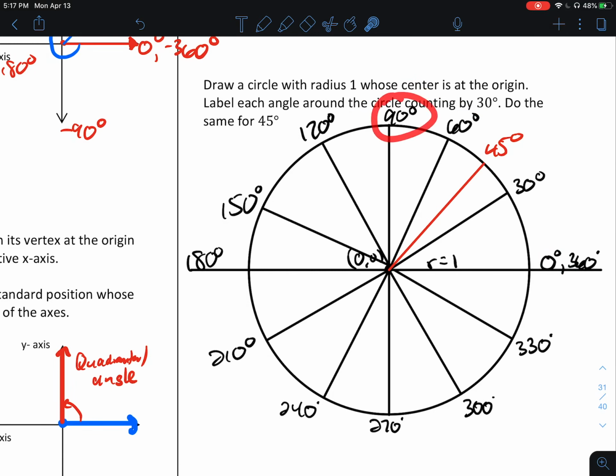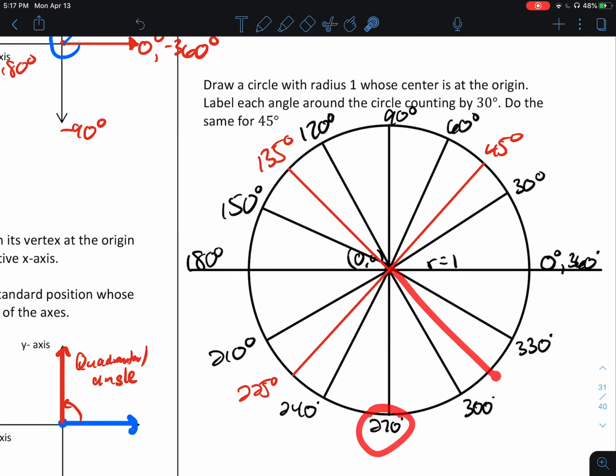We already got that. 45 plus 90 is going to be 135. 135 plus 45 is 180. 180 plus 45 is 225 degrees. 225 plus 45 is 270 degrees. 270 degrees plus 45, that's going to be 315 degrees. And then 315 and 45 is 360 degrees.